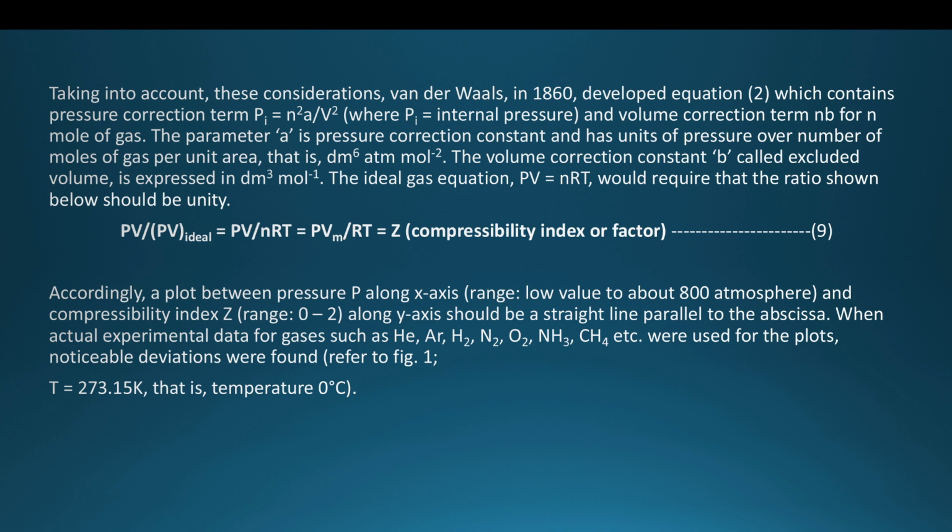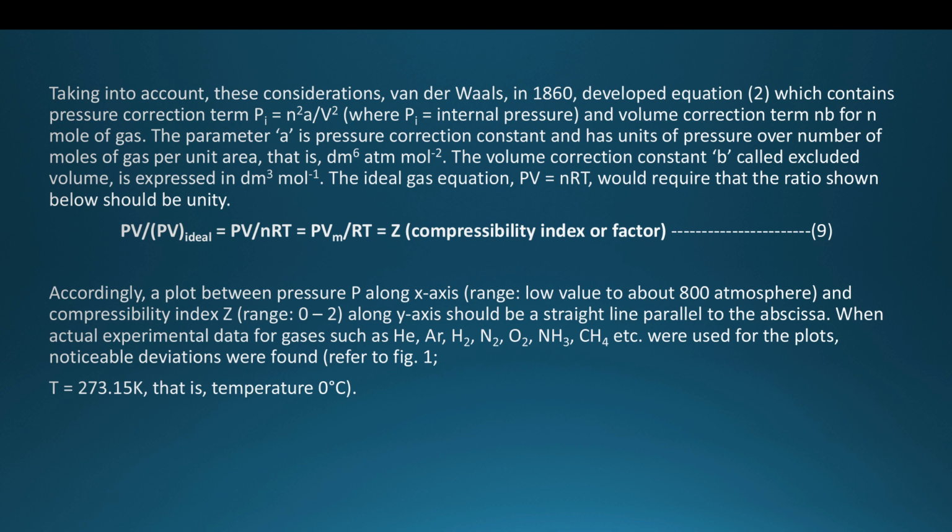Accordingly, as required by equation 9, plot between pressure along x-axis in the range low to about 800 atmospheres and compressibility index Z range 0 to 2 along y-axis should be a straight line parallel to the abscissa.